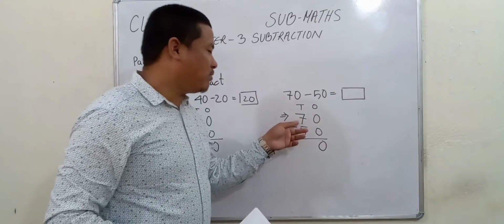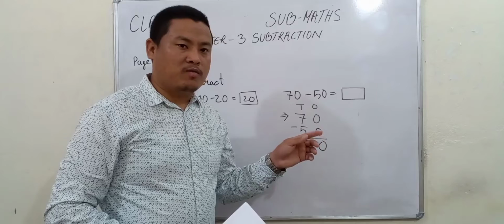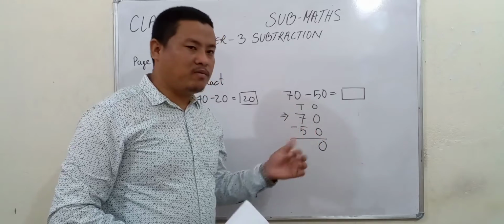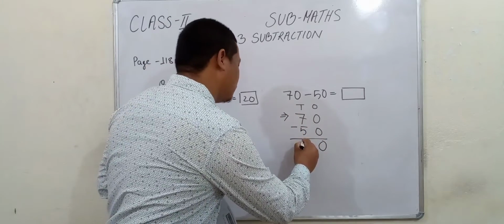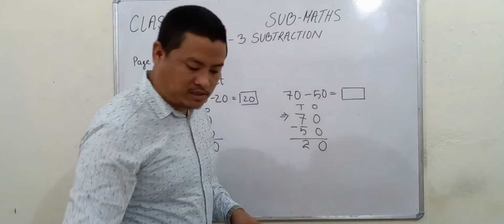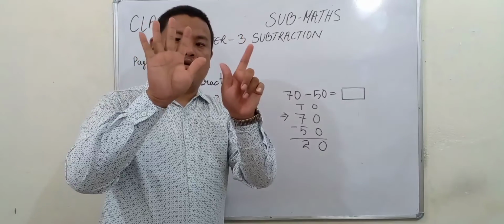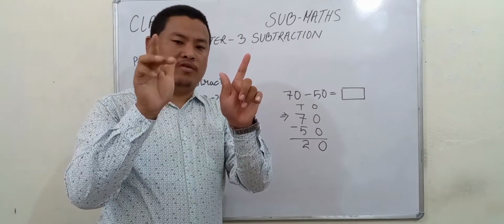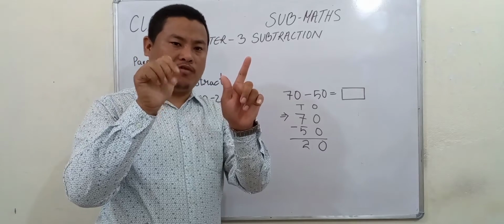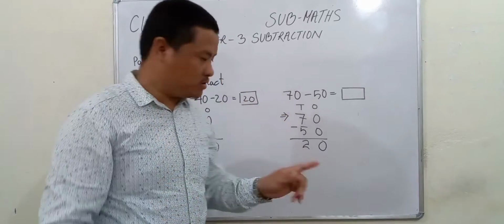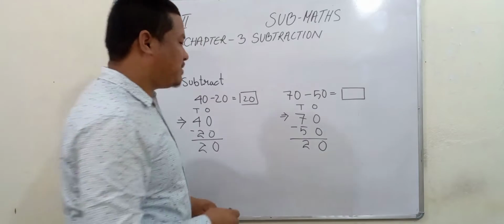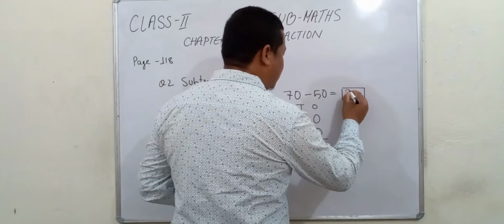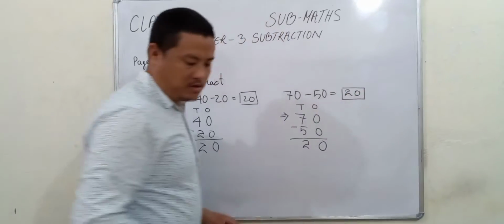From 7 we have to take out 5. From 7, when you take out 5, you will get 2. Just see 7. 1, 2, 3, 4, 5. Then how much remain? 2. So 20. That means 70 minus 50 is 20.